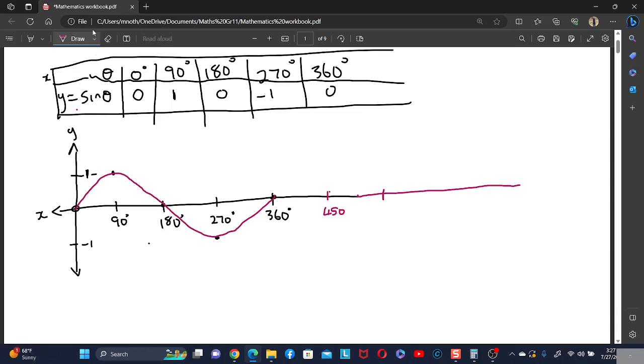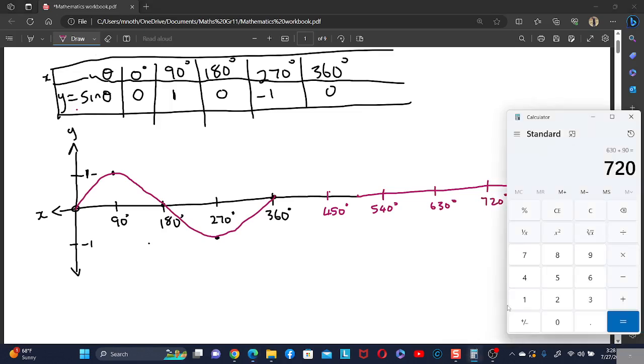So if we are going to increase this graph again by 360, it is going to increase to 720. So 450, 540, then we're going to have 630, then we're going to have 720 degrees. This is our graph.